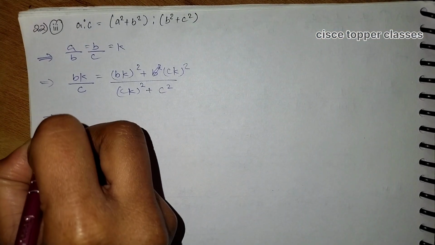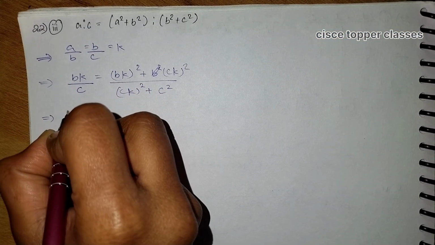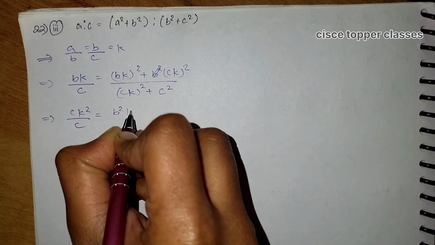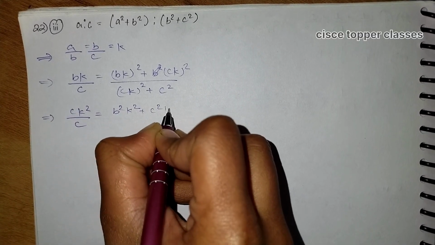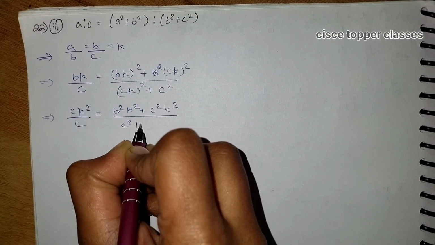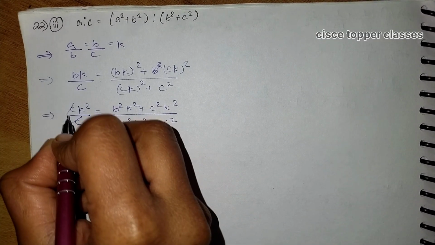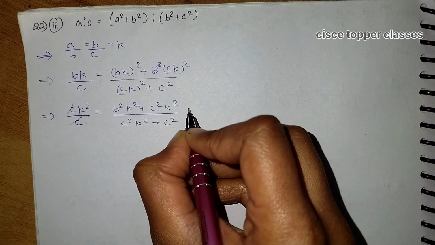So we can write it as, again we will put in place of b as ck. So ck² upon c equal to b²k² plus c²k² upon c²k² plus c². This will be cancelled out in the LHS part here, and this is the right hand side.